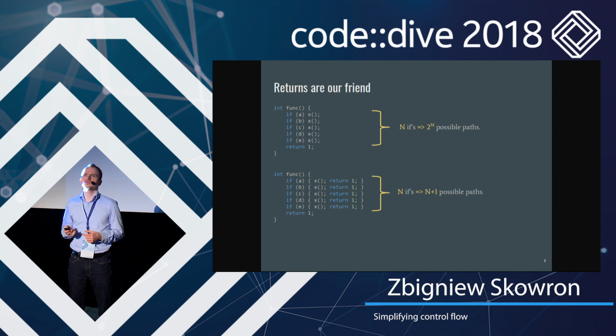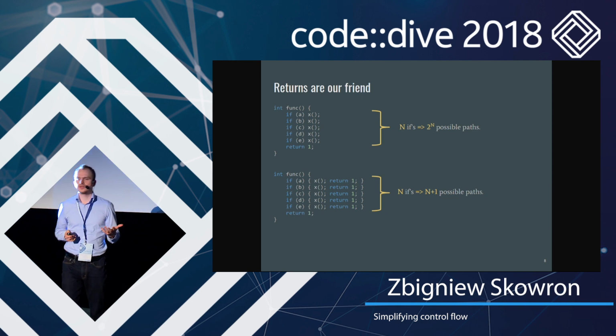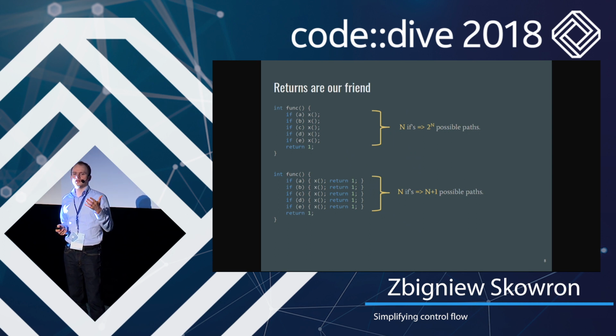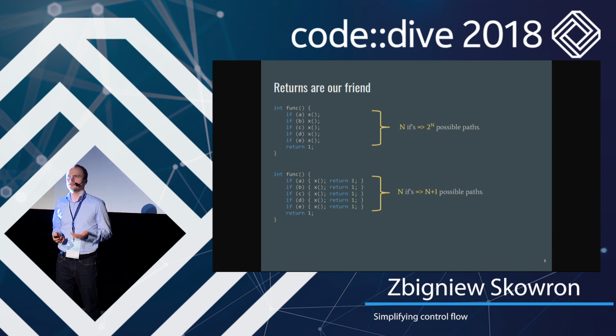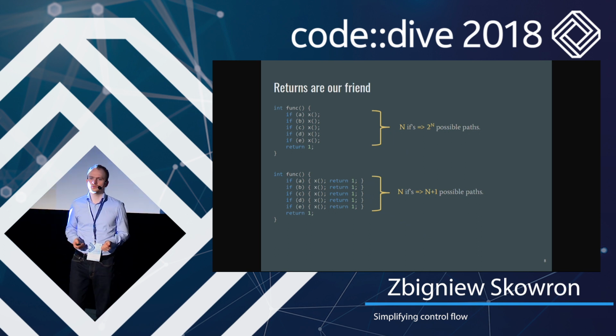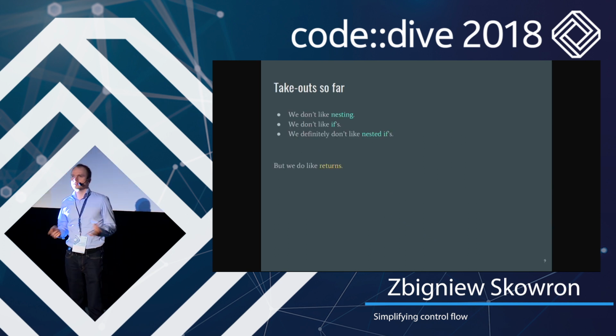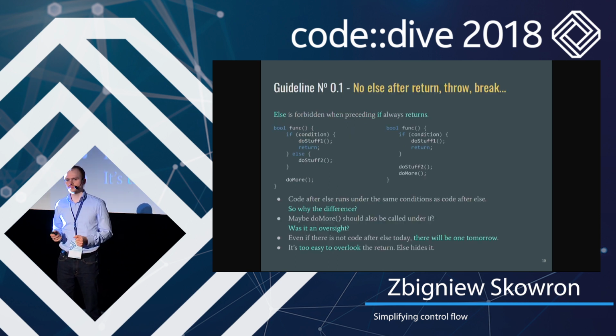And it gets more difficult if in our function we actually do something useful. On the other hand, if every if ends with a return, then the number of paths through our code is linear, so it's really manageable. So returns are good, returns are our friend when we want to reduce complexity. We don't like nesting, we don't like ifs, and we don't like nested ifs, but we do like returns.